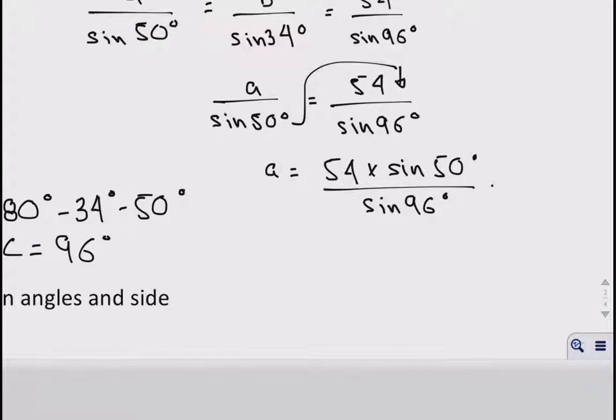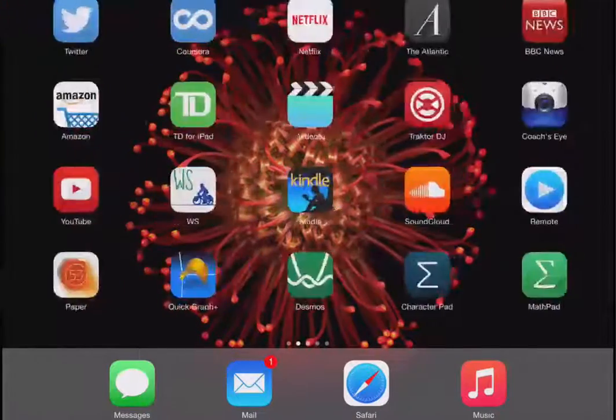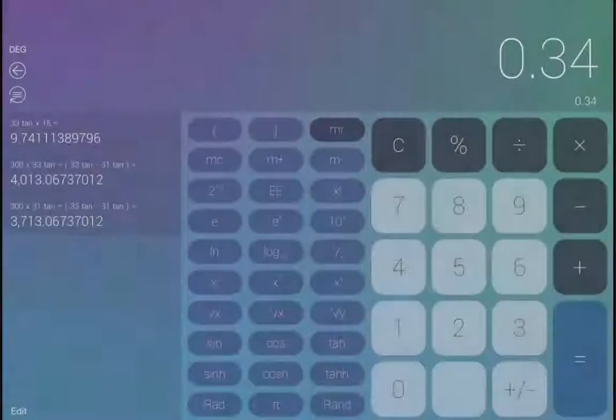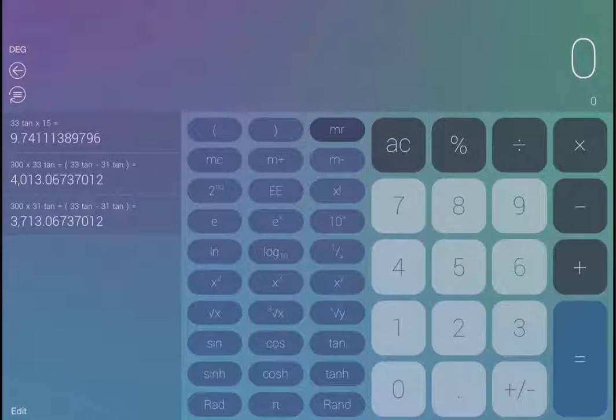Okay, now we need to calculate here. So let's go to our calculator. Let's clear everything here.